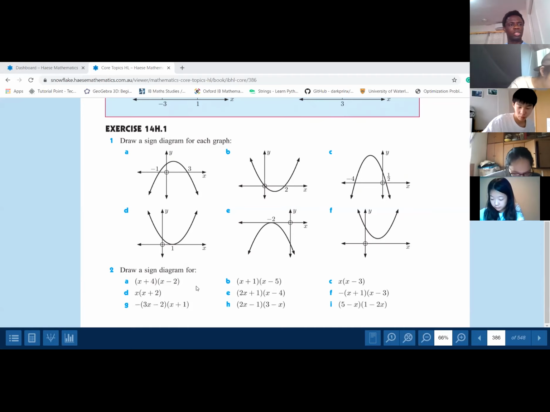I've sent in 2A, 2G, 2I. So send one together, send two together.